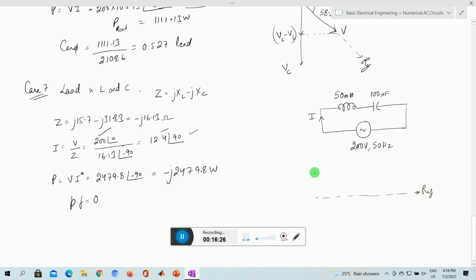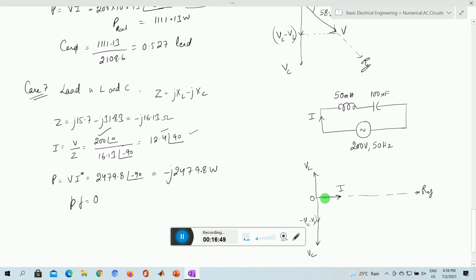So here we can simply write VL at the top and VC at the bottom, and the difference VC minus VL is the negative part, and the current is in the reference direction.